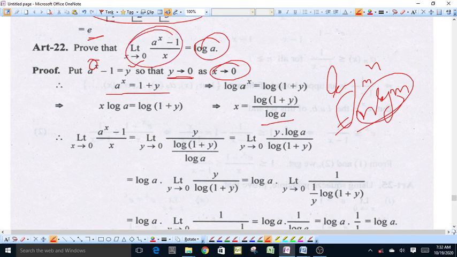Therefore, this limit reduces to: the limit of (a^x minus 1) upon x as x approaches 0 will be equal to the limit of y, because a^x minus 1 is equal to y and the value of x comes out to be log of 1 plus y upon log a.